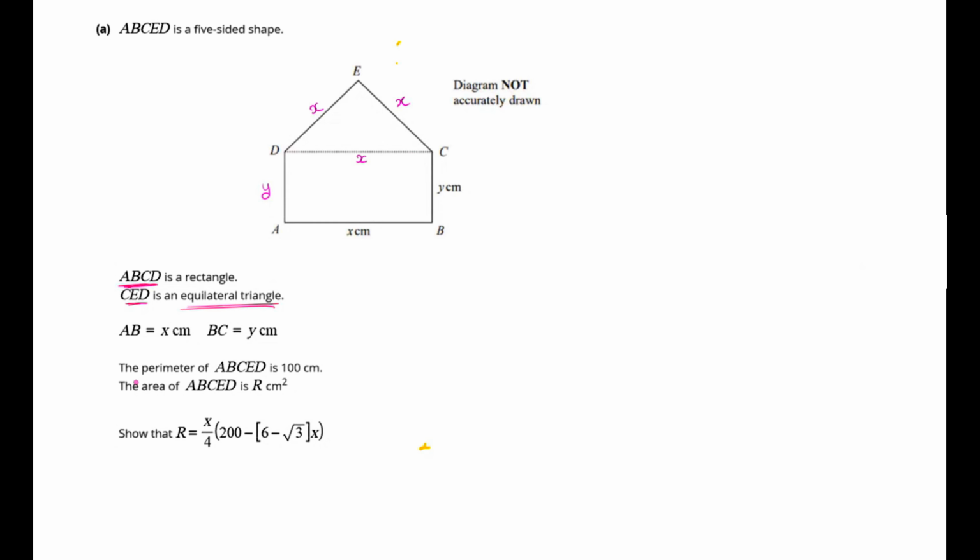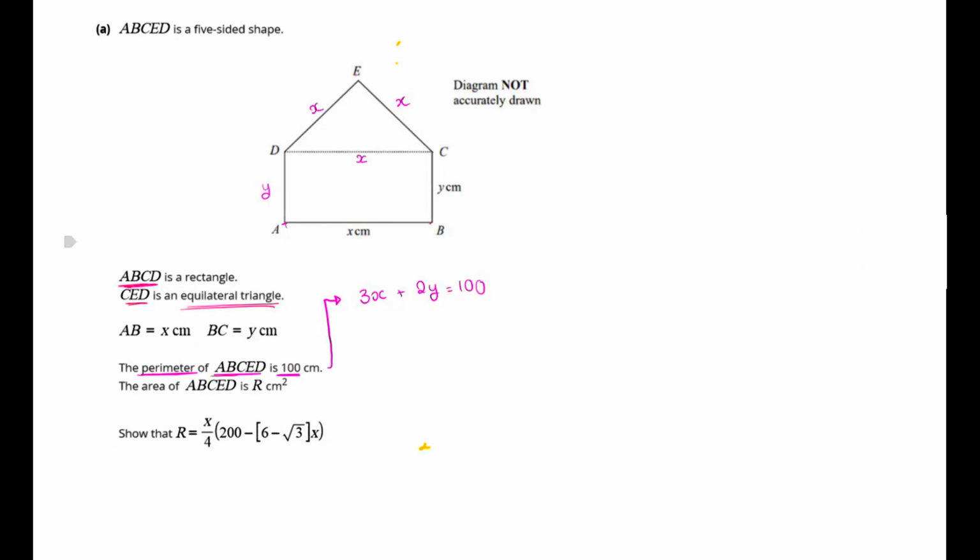Now, it says here the perimeter of ABCED is 100. So let's start with that. So the perimeter of ABCED, so they're talking about the whole entire diagram. So that's going to be 3x plus 2y equals 100. Okay?